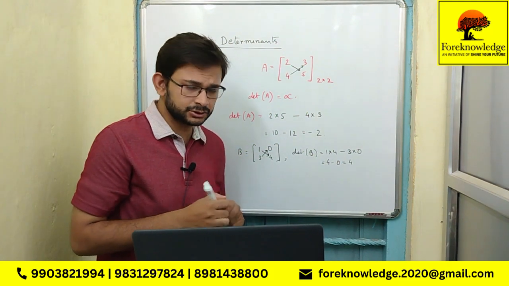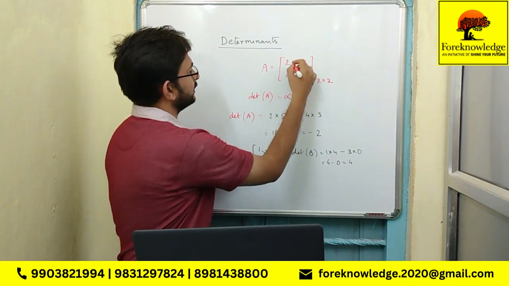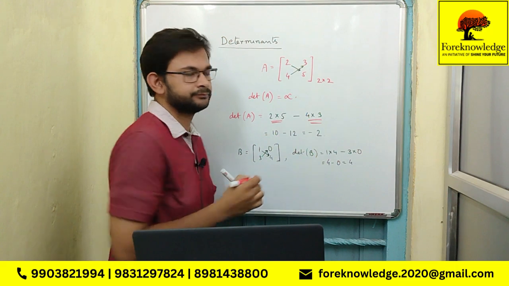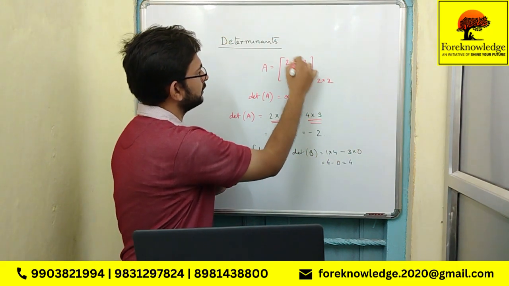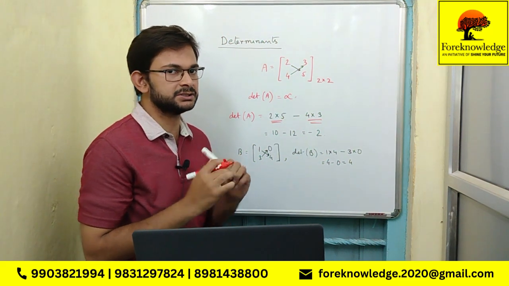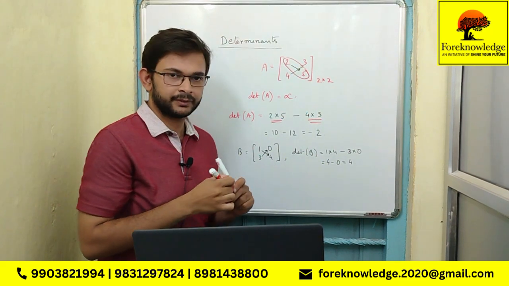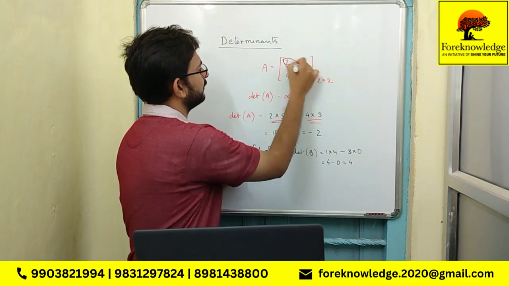Now the question comes, which one should I do first? Whether this 2 into 5 or this 4 into 3. The rule says go with the principal diagonal elements. What are the principal diagonal elements? This one, 1 1 and 2 2.